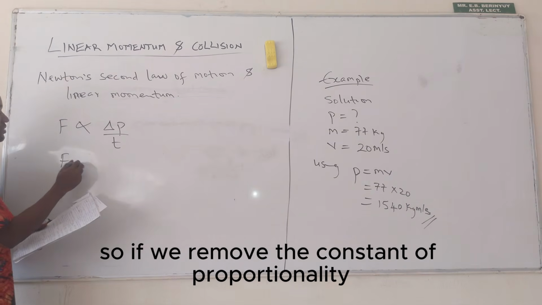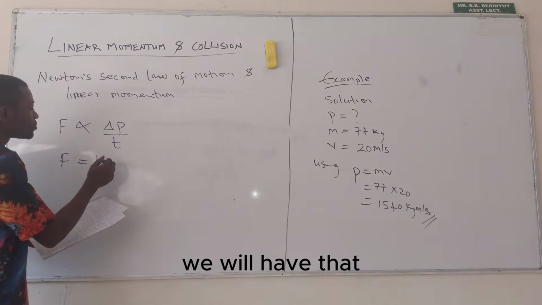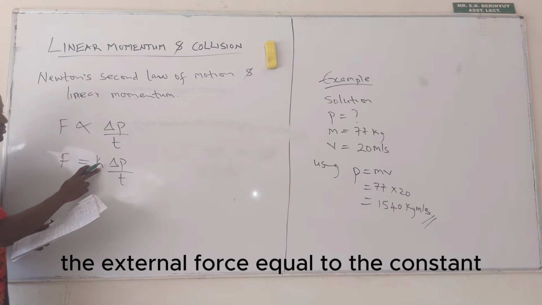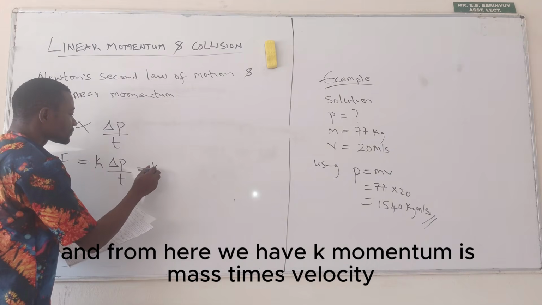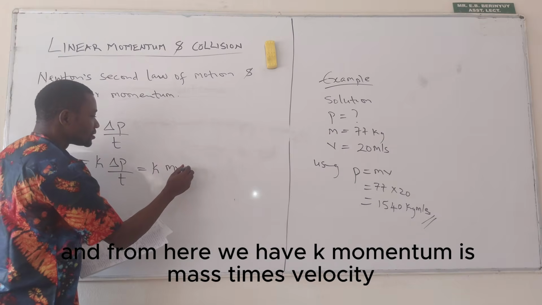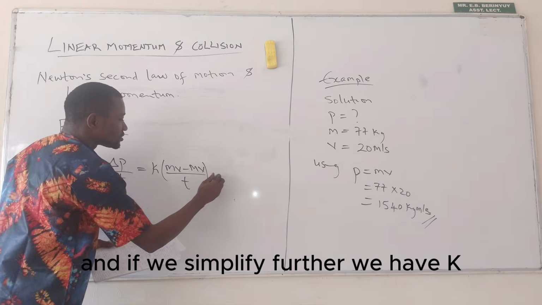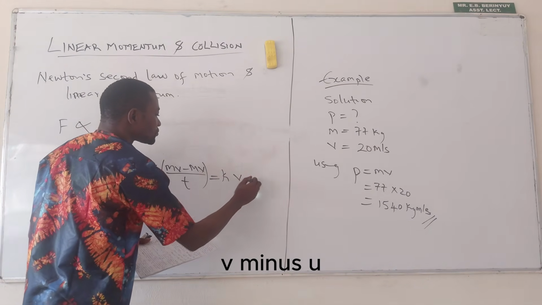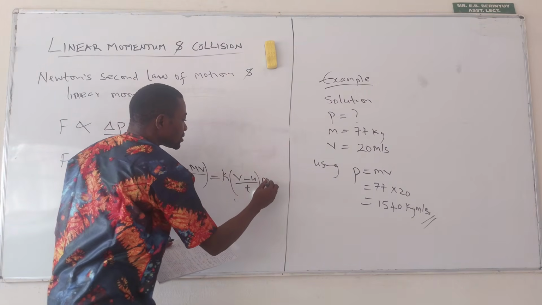If we remove the proportionality sign and introduce a constant k, we will have the external force equal to the constant times change in momentum. Momentum is mass times velocity. So if we simplify further, we'll have k m (v minus u) over t.